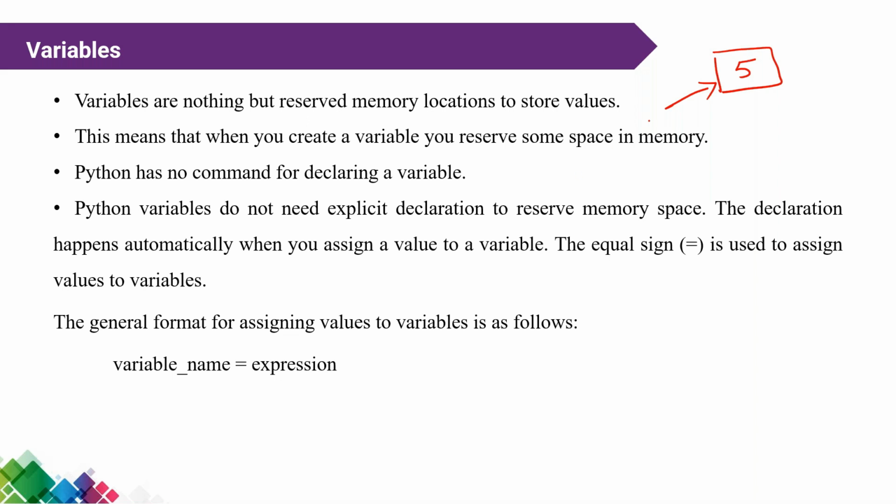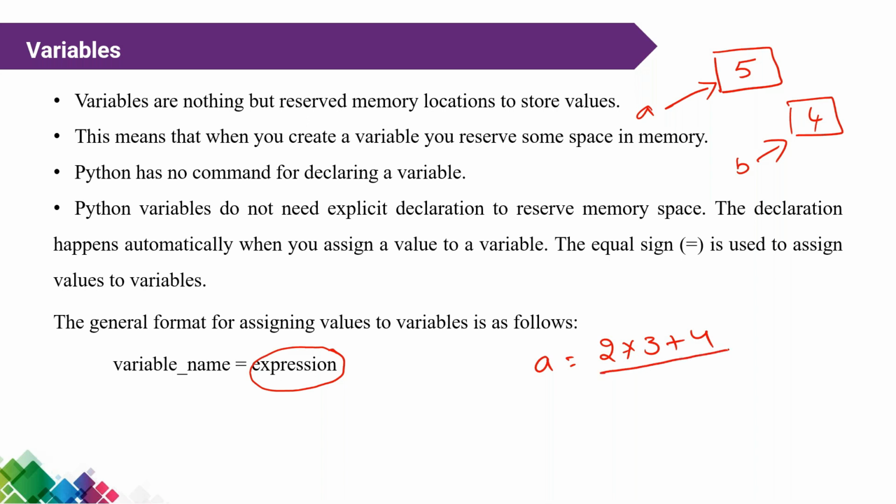Suppose A holds only one value, suppose B holds only one value. A variable can hold only a single value. If you give an expression, not a problem, the entire expression is evaluated. For example, A is equal to 2 into 3 plus 4.